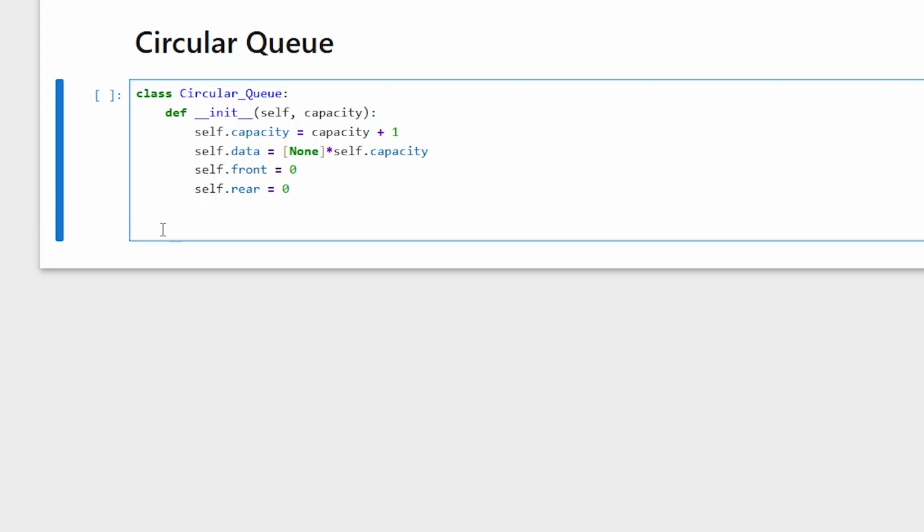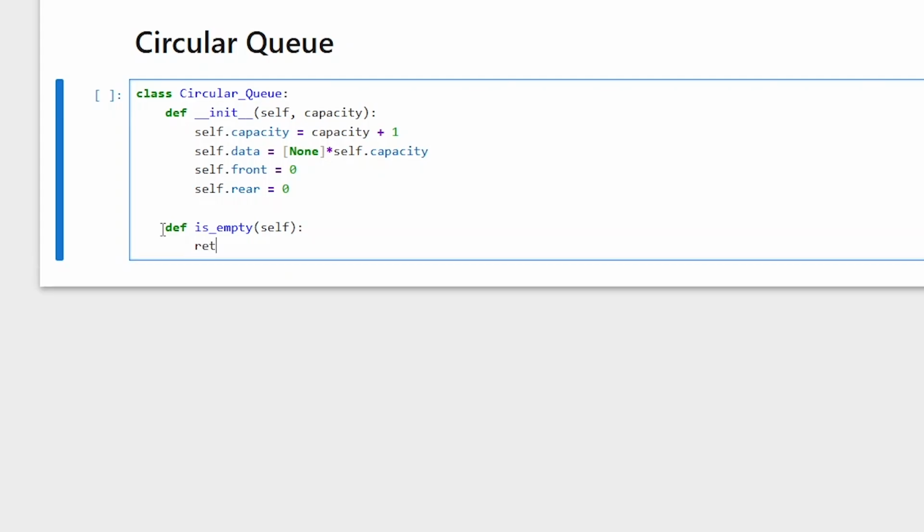So let's go ahead and implement the methods for our circular queue. We're going to be starting with the method that determines whether the circular queue is empty or not. So we'll have def is_empty, with self here. And of course, when the queue is empty, the rear and the front should be pointing at the same index.